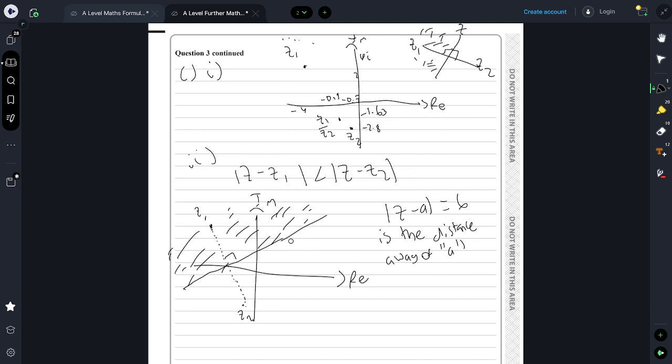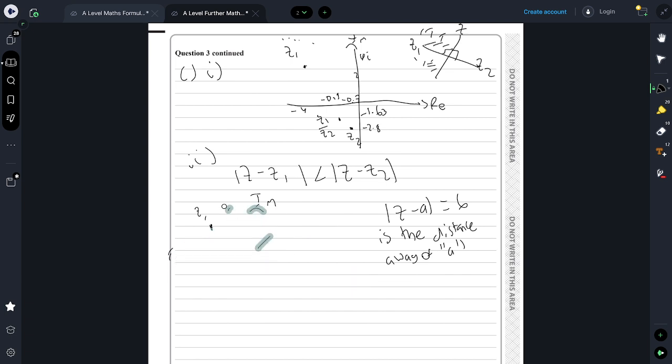Actually, I think we need to be a bit more specific than that. That is the right idea, but I think we need to be a bit more accurate. With our placements on here, you see Z1 is further away from the axis than Z2. So what do I mean by this? Well, let's draw this again. Imaginary axis.